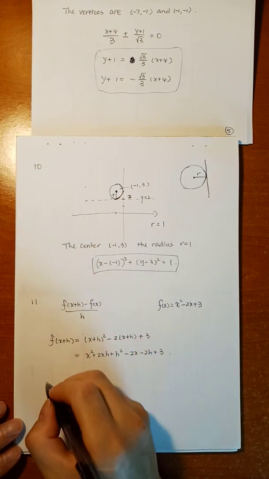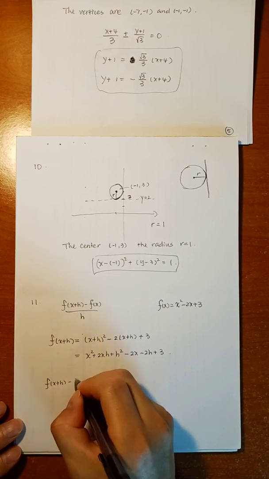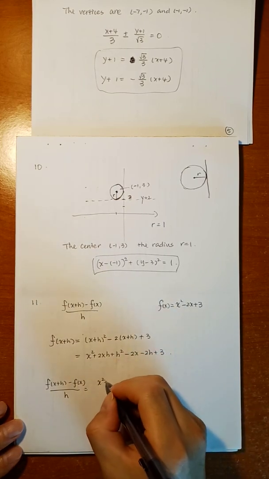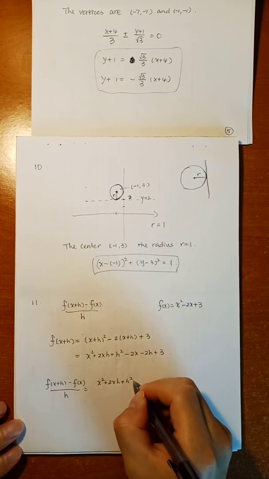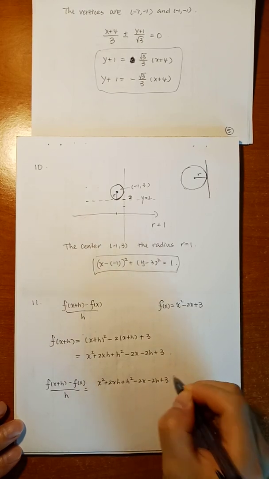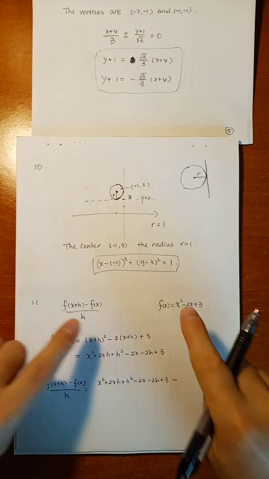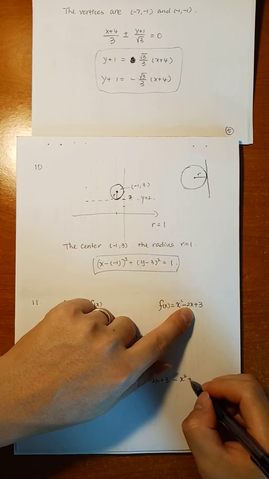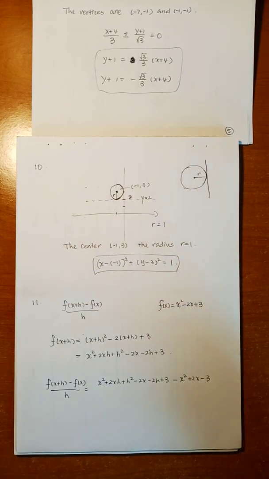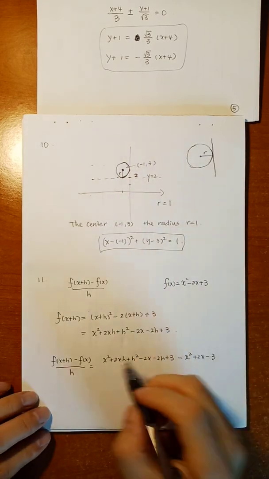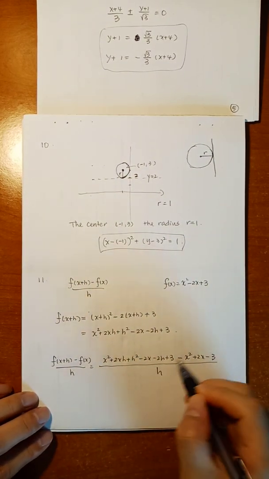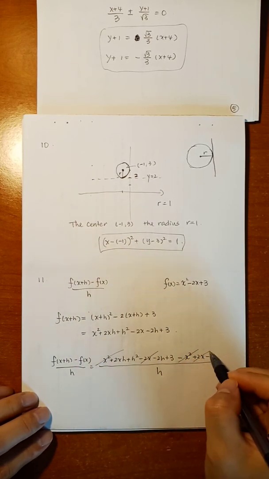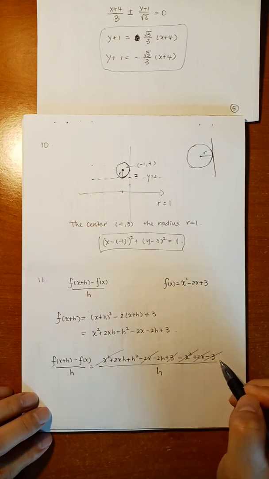Now let's compute f of x plus h minus f of x, over h. You copy this long expression. It's long now, but many terms will be cancelled. Minus everything from f of x, so you subtract x squared, minus -2x is plus 2x, minus 3. You just subtract each term. x squared minus x squared cancels. -2x and positive 2x cancel. 3 and -3 cancel.